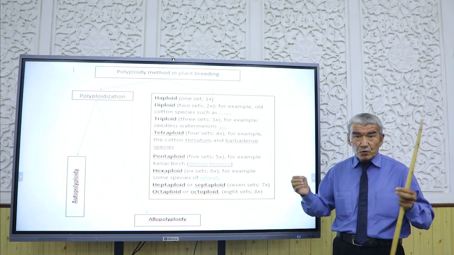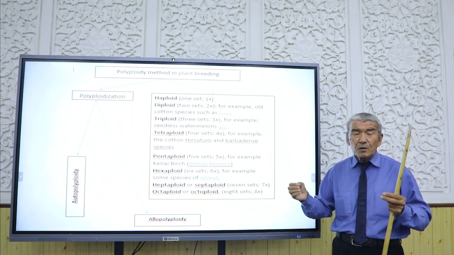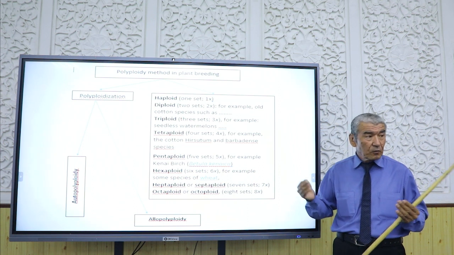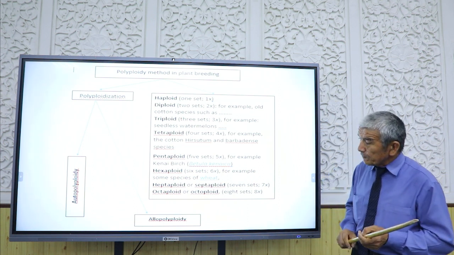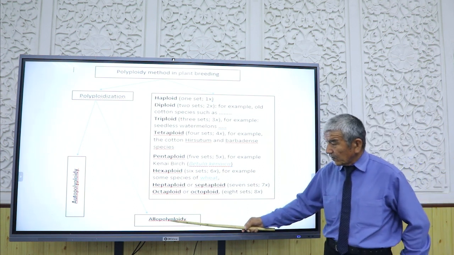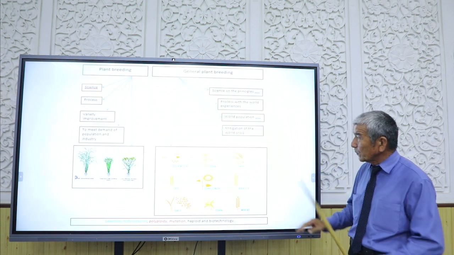If they were chosen from different kinds of species, we call them allopolyploids.